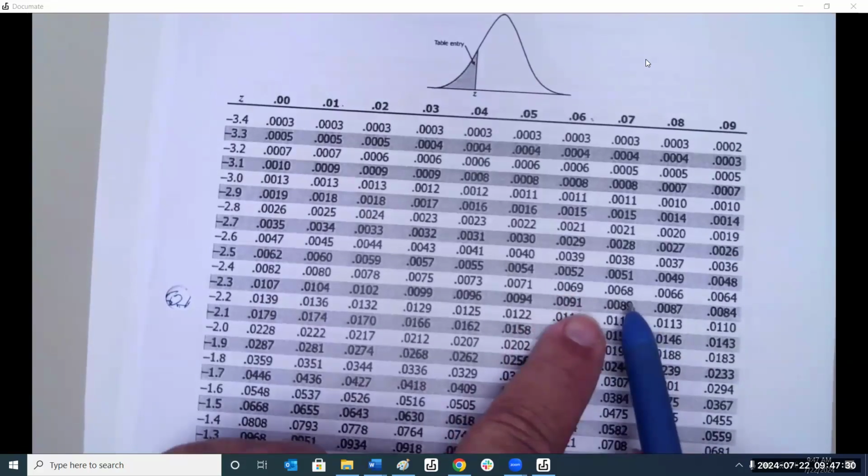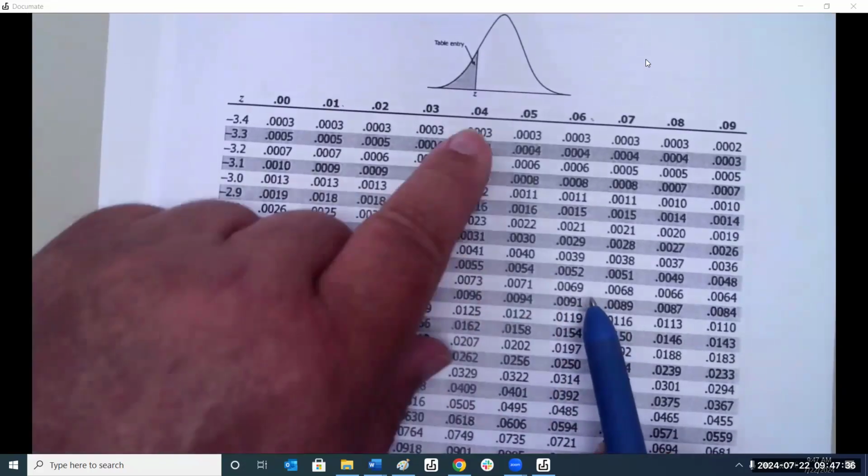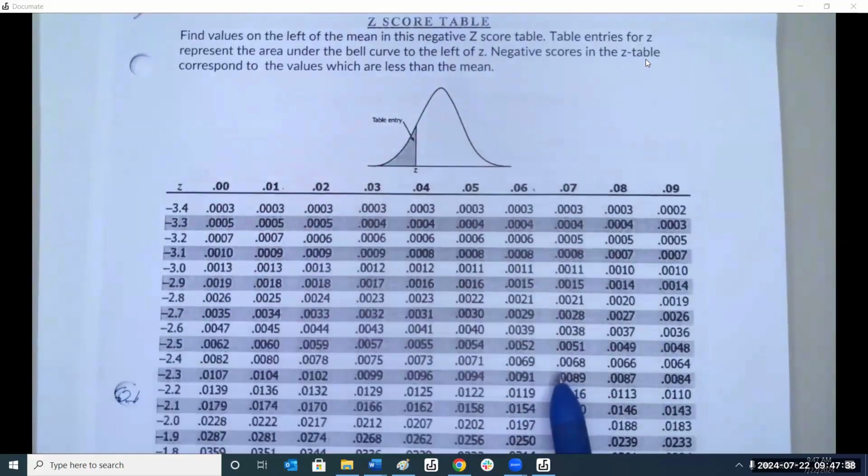So let's say 0.069% was to the left. How much of the data would be to the right of it?